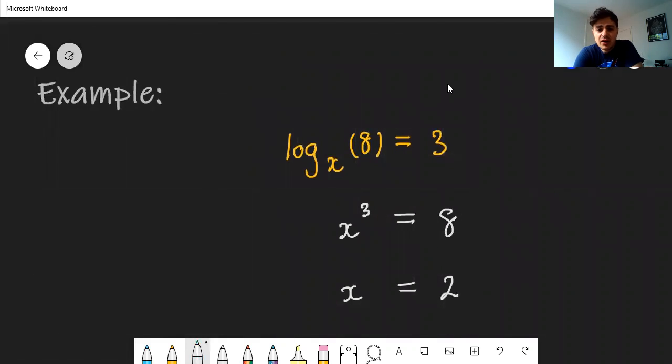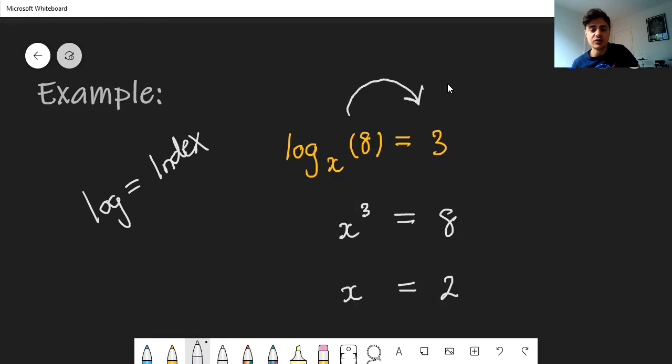Here's an example. Log to the base x of 8 is equal to 3. Again, tell yourself the log is equal to the index, or the power. So if this log is equal to 3, then that means 3 must be the power, which it is here.